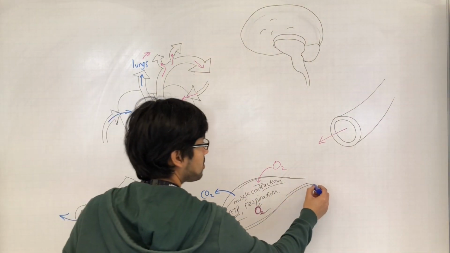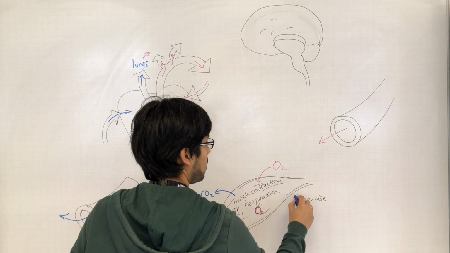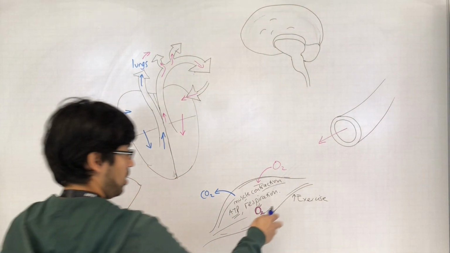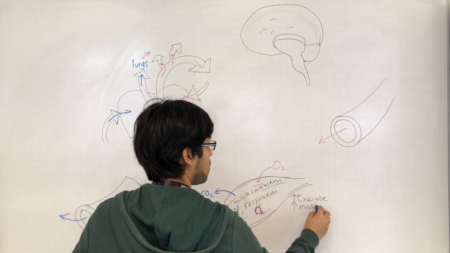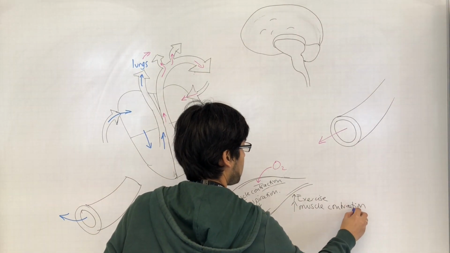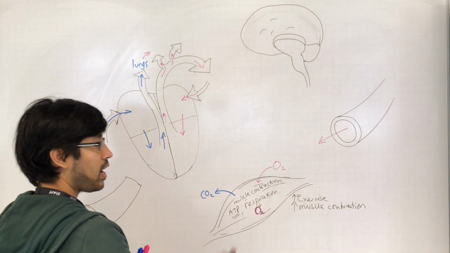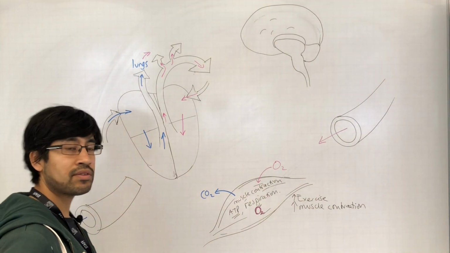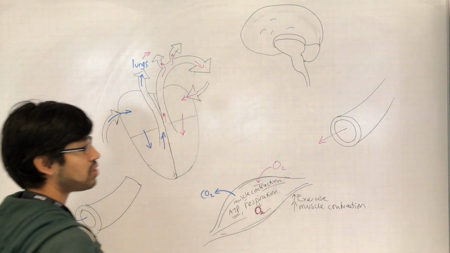So if exercise increases, what's increasing is muscle contraction. So the process of muscle contraction is occurring more and more. If someone is running, the muscles in the arms and the legs are working more, and so more muscle contraction is occurring.